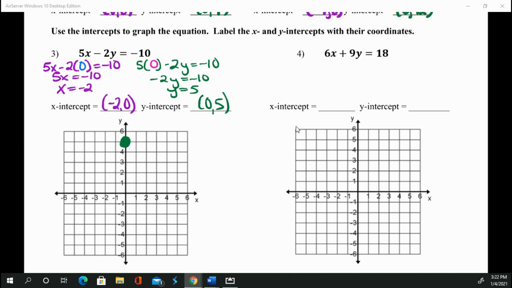The x-intercept is at the point (-2, 0). So we have graphed our 2 intercepts. So to graph the line, we just want to connect and extend.